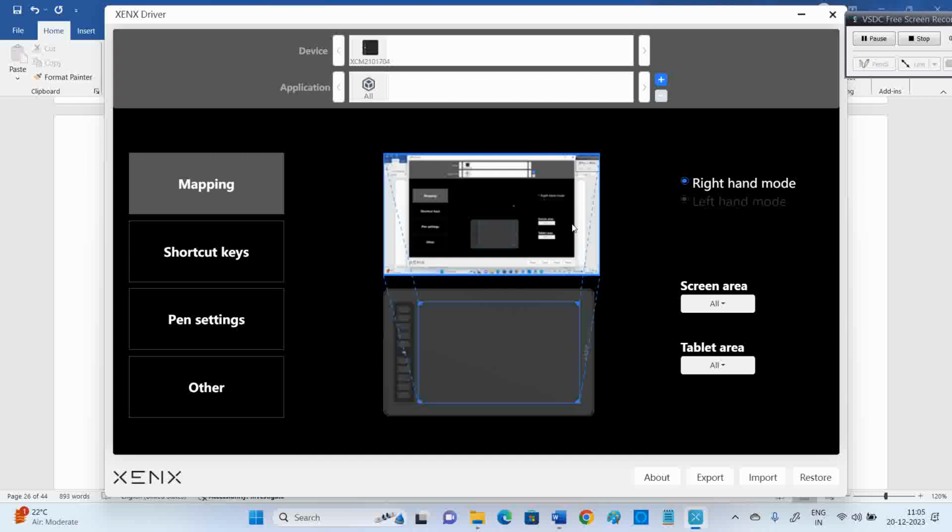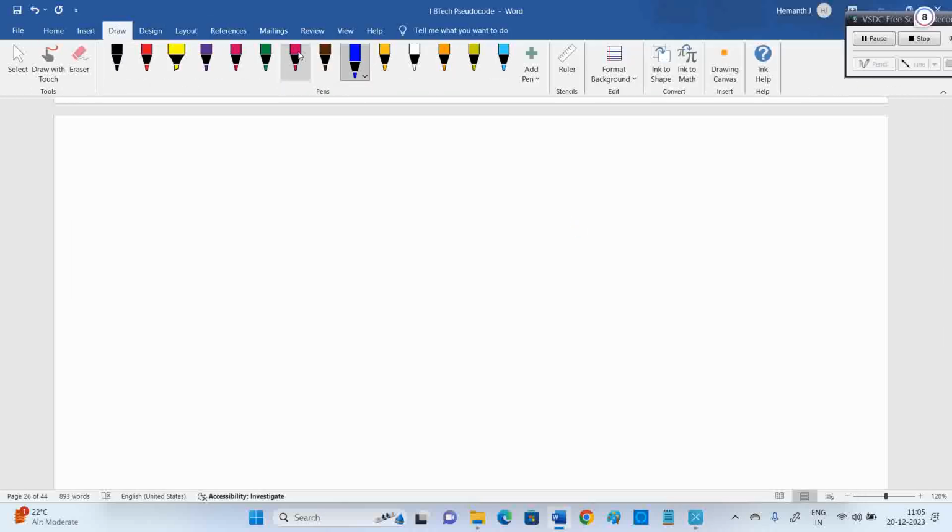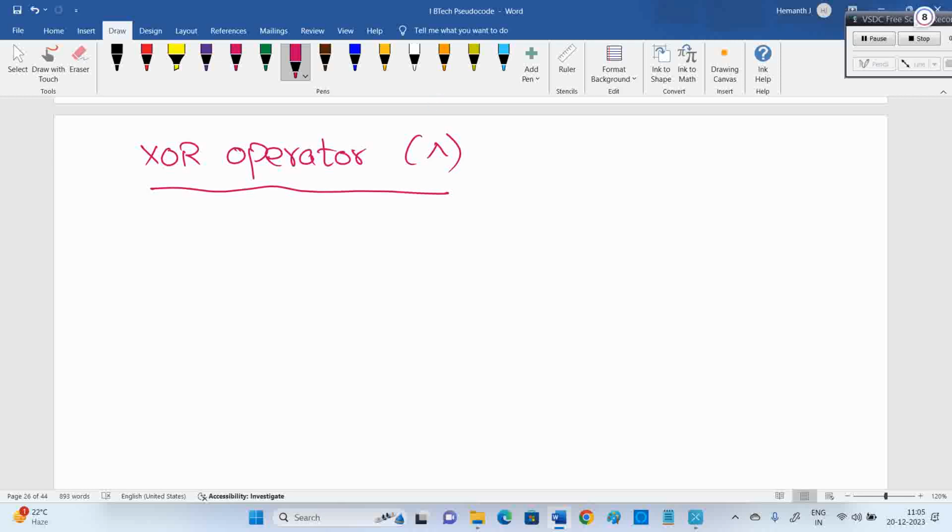In C language or Python, you know what XOR is. For that question it's not actually required, but they still use that operator in between. That's why I'm discussing the XOR operator.